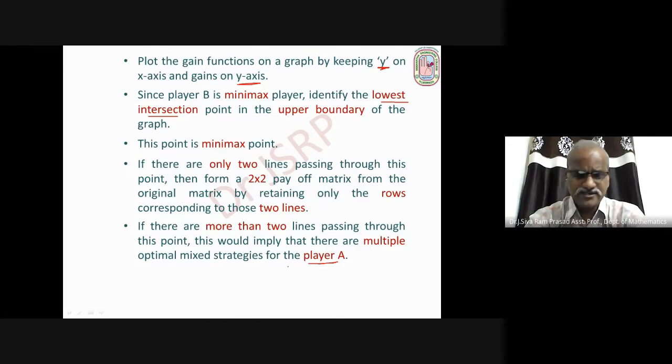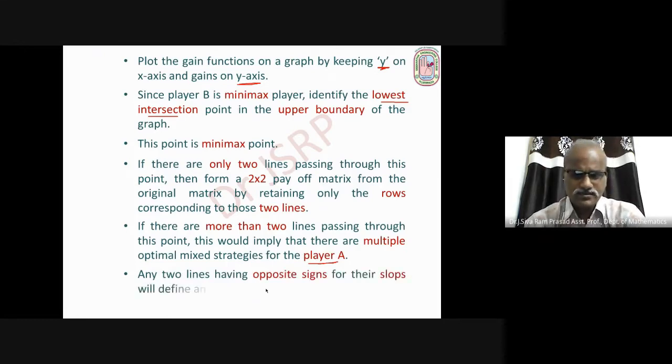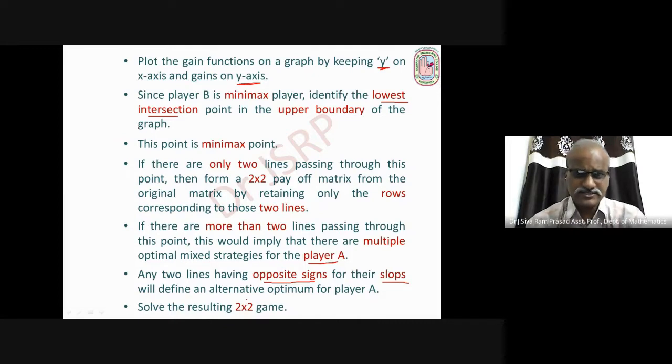We consider 2 lines having opposite signs for their slopes. Any 2 lines having opposite signs for their slopes will define an alternative optimum for player A. Solve the resulting 2 by 2 game. So this is the procedure to solve m by 2 game using graphical method.